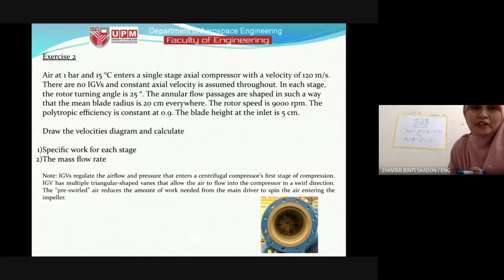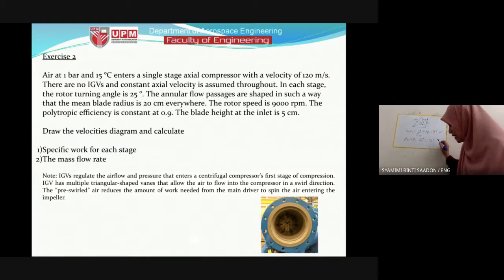Where do we get 25 in each? Because it is mentioned here that in each stage the rotor turning angle is 25 degrees. So from beta 1 to beta 2 the difference is 25 degrees. So we get 32.5 degrees for beta 2.